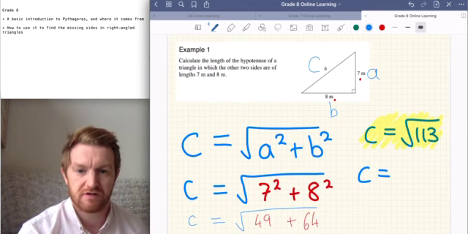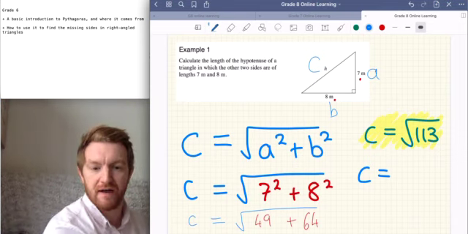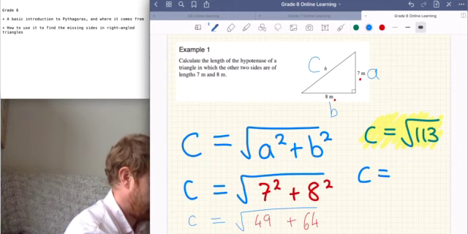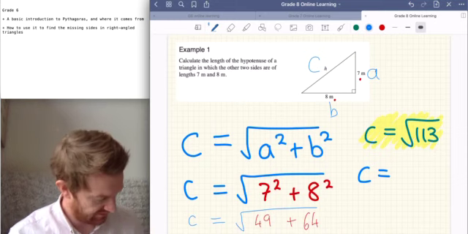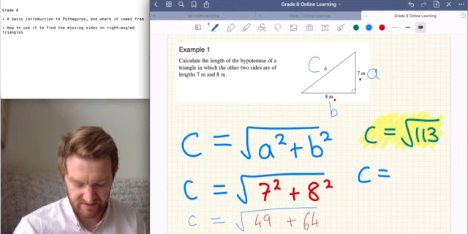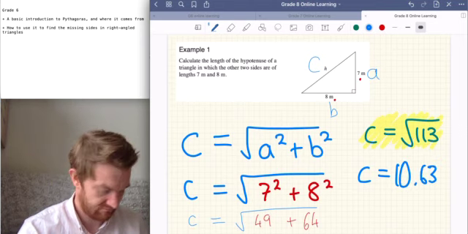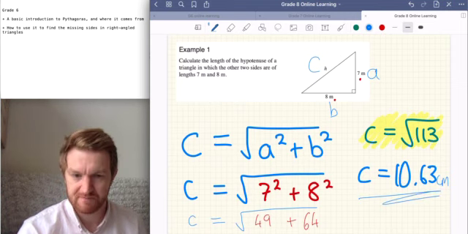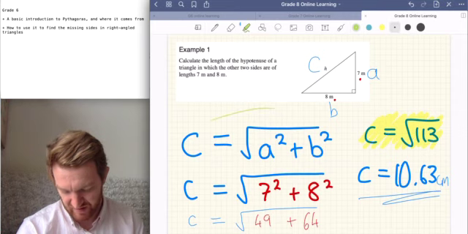Just to clarify, we put the formula in first, then we put the numbers in, and finally we put our answer as a square root. Doing this on the calculator to 2 decimal places gives you 10.63 centimeters. The most important thing here is you choose the right formula.